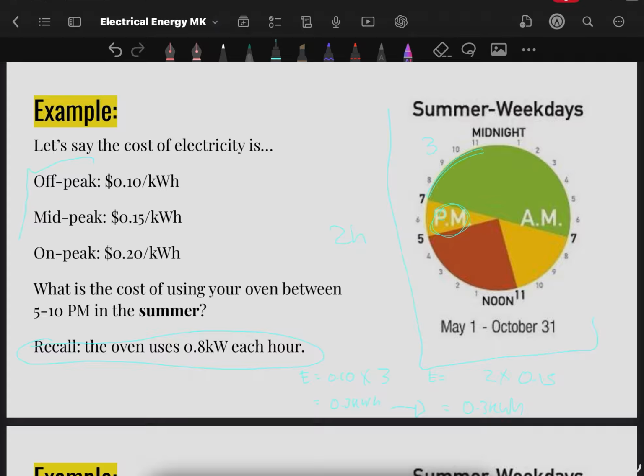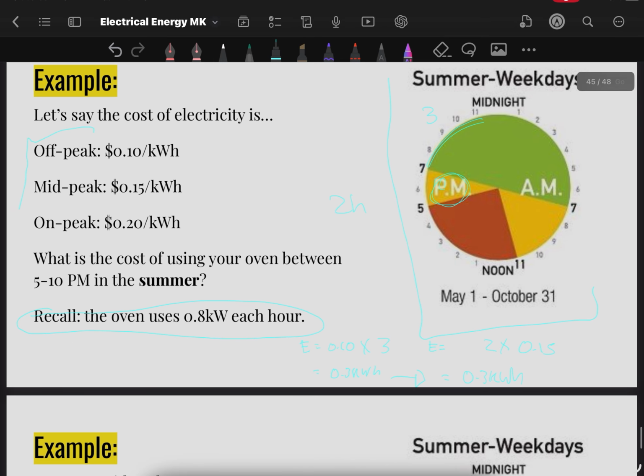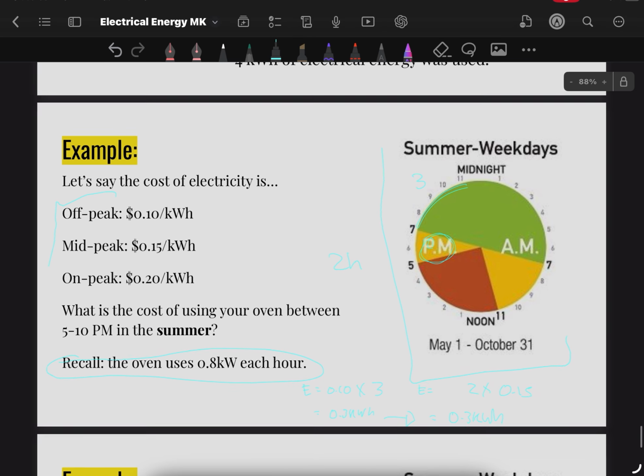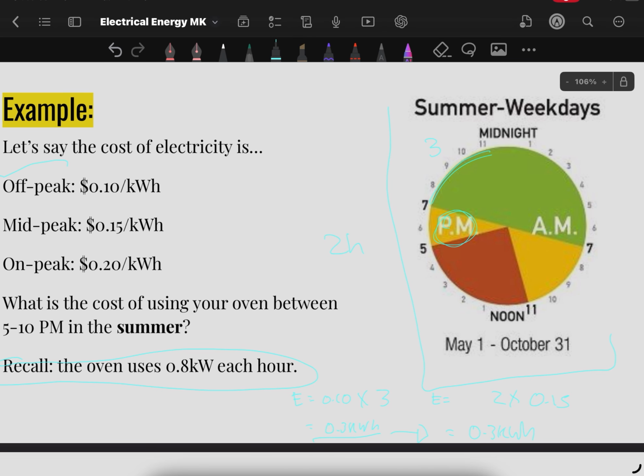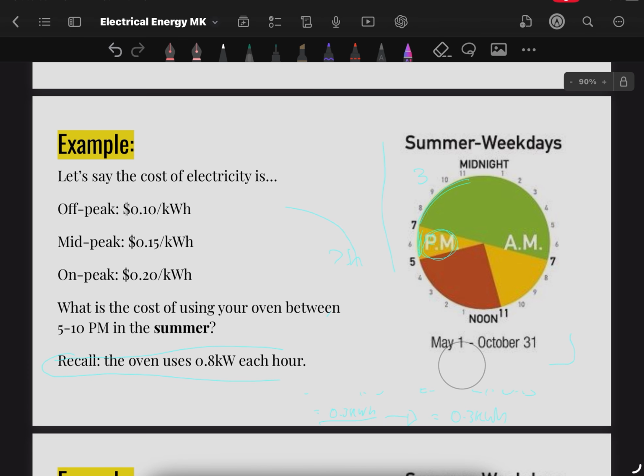Or no. Yeah, I think actually you would have to take the rate at which it is used. So for example, 2 times 0.8, because there's 2 hours here. So with that approach, you would have to do something a little bit different.